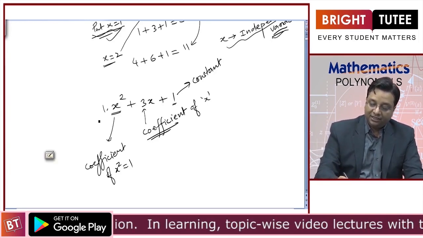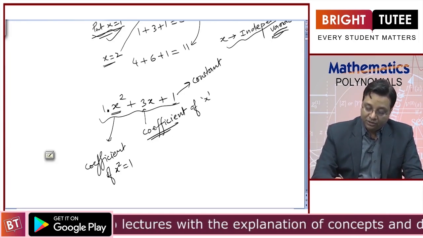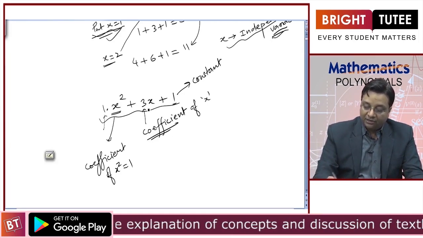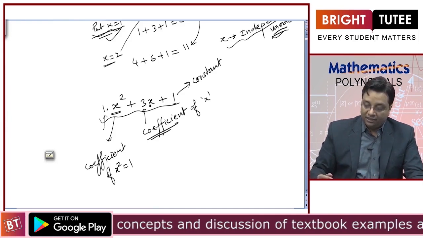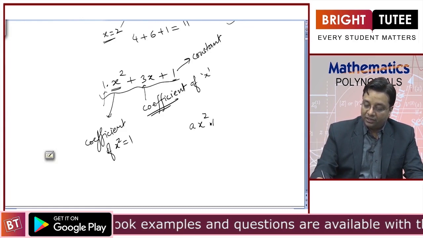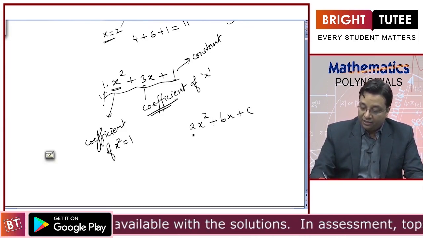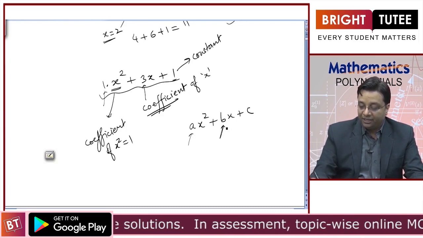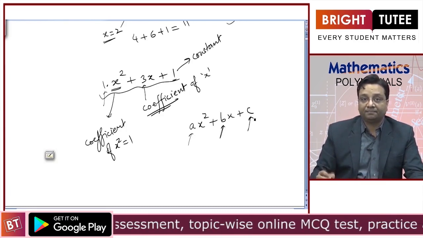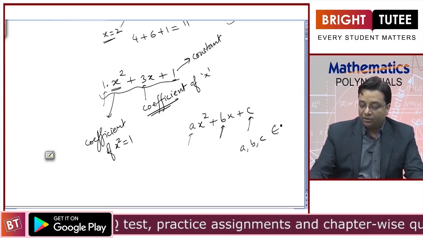Now in this polynomial or in this algebraic expression, we could see that these coefficients are 1, 3, right? But there may be polynomials like this, ax square plus bx plus c. Okay, here the coefficients are a, b and the constant term is c, right? Now a, b, c, these are also real numbers.